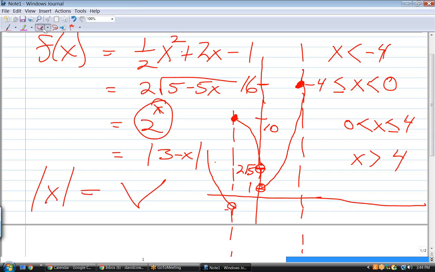So we know it's always going to have a V in it. There's no negative sign in front of the absolute value, so it's not going to be turned upside down. And the negative sign that's inside does tend to reflect it across the y-axis, but in this case, that makes it look pretty much the same.